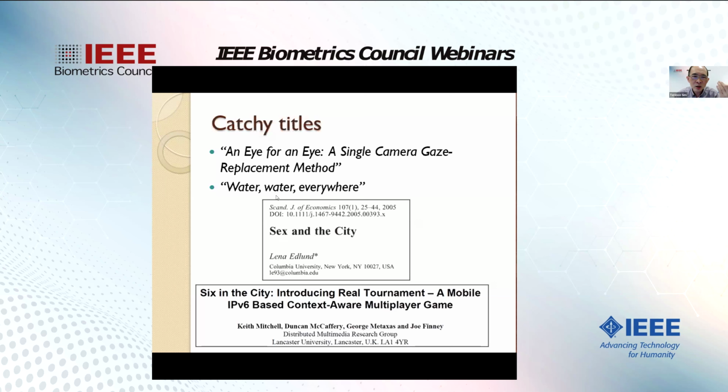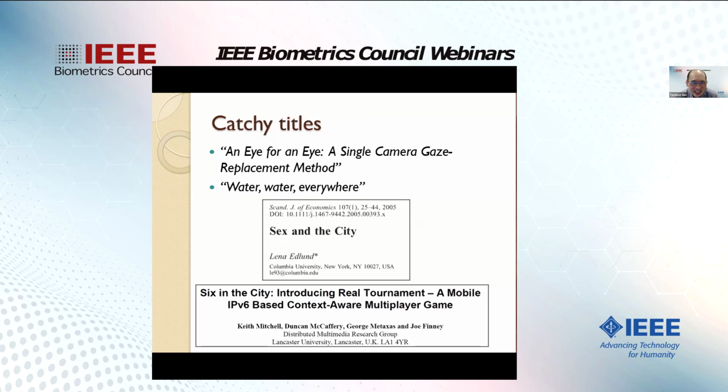Here's another one, Water, Water Everywhere. This is from the famous poem, water, water everywhere, not a drop to drink. But this paper is about something else. Here's one, Sex and the City. Why? Because there was a TV show of that name. So Sex and the City is a play on the TV show. And then the one below, Six in the City.